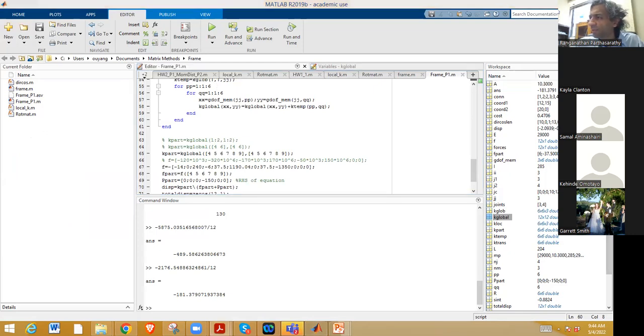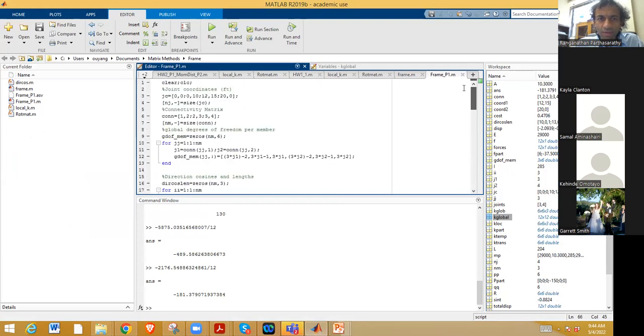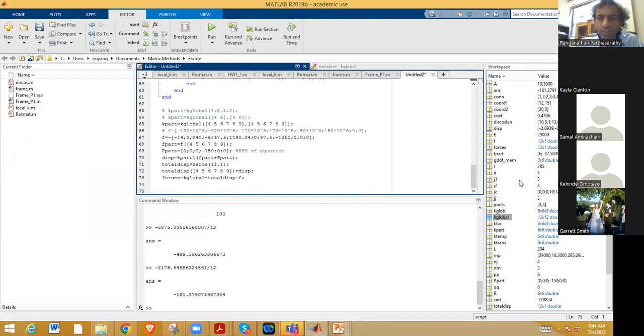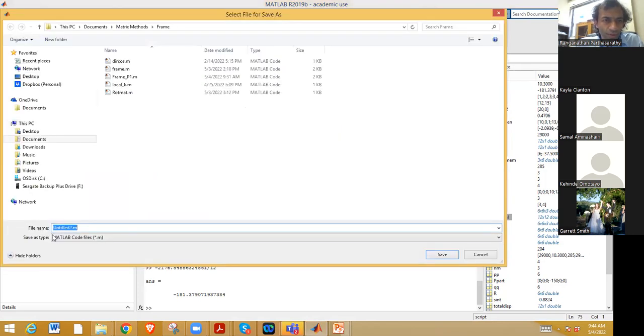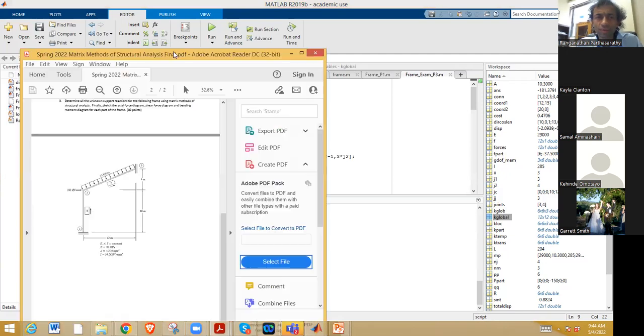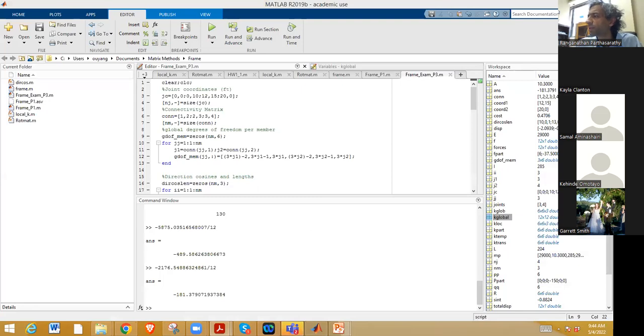Or let's do one thing, we do the final backwards. Since we have the frame code already, we will use that. So now let's save it as. So what do we do now? Here is your frame, and let me put the picture in.